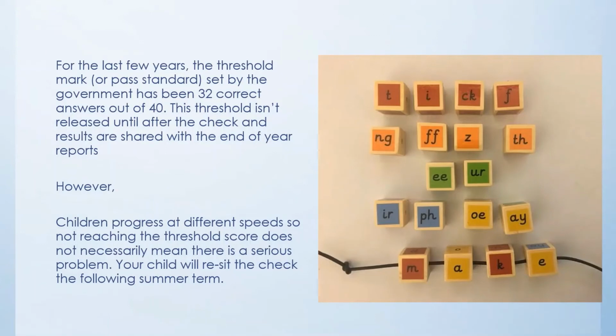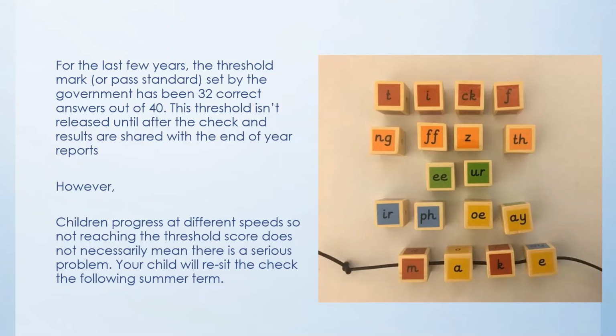So for the last few years, the threshold mark to pass, which has been set by the government, has been 32 words correct out of 40. This threshold isn't released until after the checks, and the results are shared with you at the end of year reports.